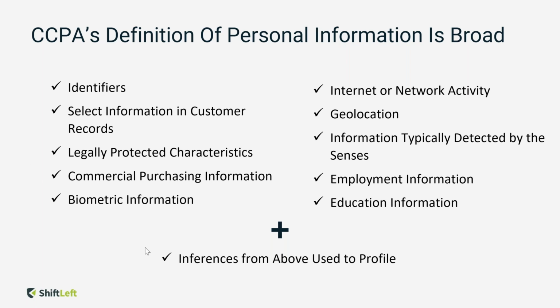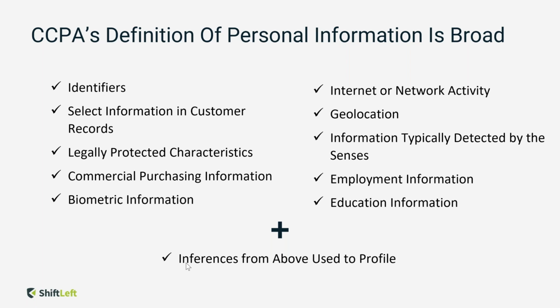So that's the last category here, where combining some identifiers with where you work, where you went to school, where you live, what you do on the internet. By collecting maybe browsing history, they could profile you, and that is also metadata on you. That information is also under the CCPA.